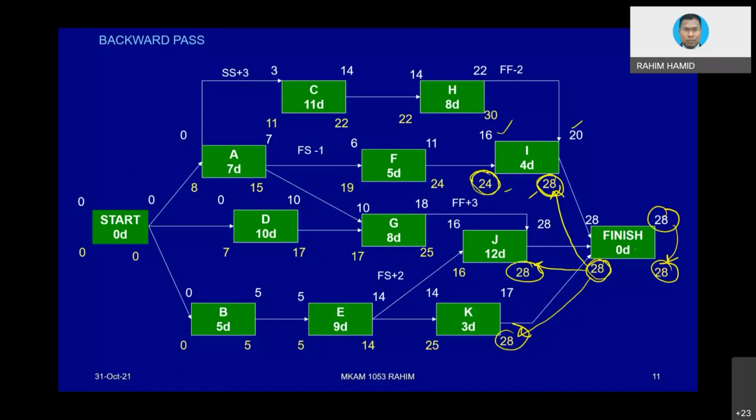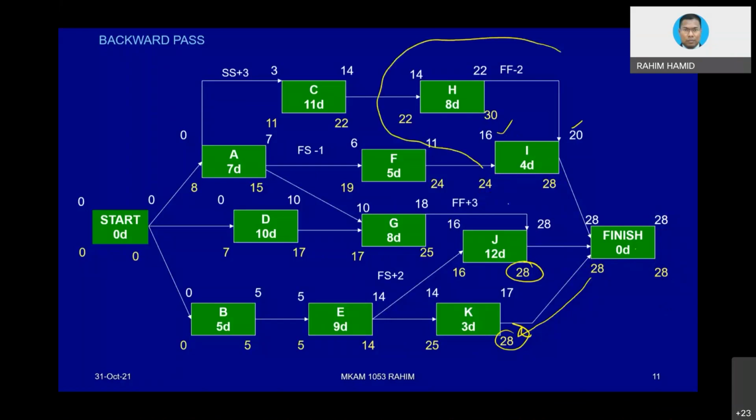But before we go into the rest of the things, I want to go into this issue first. I want to zoom into these two activities. For the backward pass, the concept is always the same: you get this value, then you transfer it here, and then you deduct within the box and you will get this value.